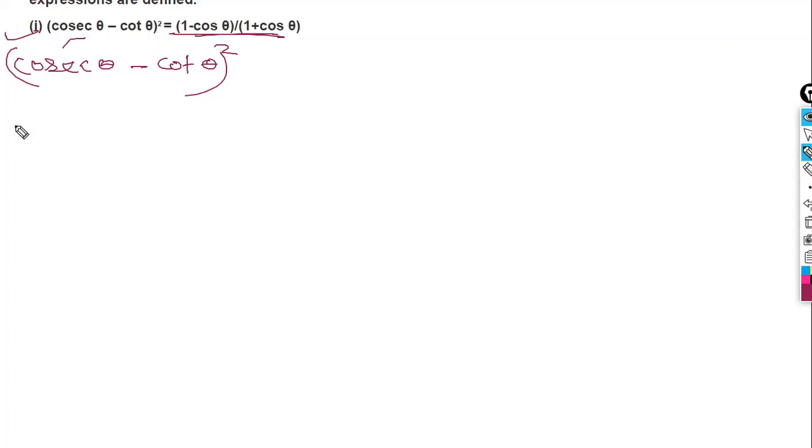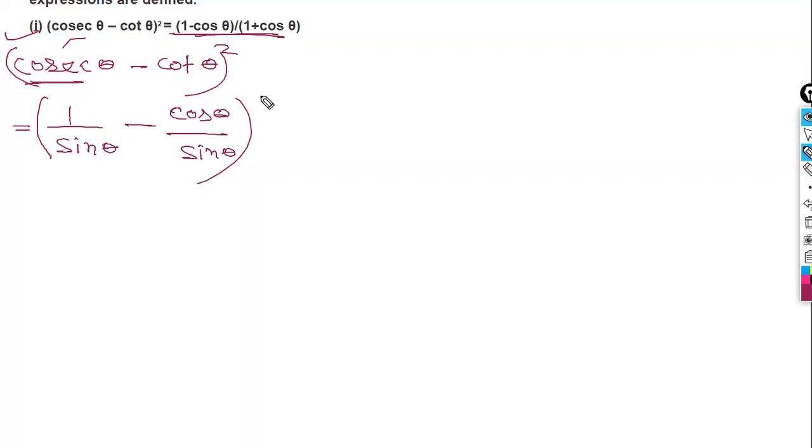You know that cosec theta equals 1 by sin theta, and cot theta equals cos theta by sin theta, whole square. Now it will be 1 minus cos theta over sin theta, whole square.